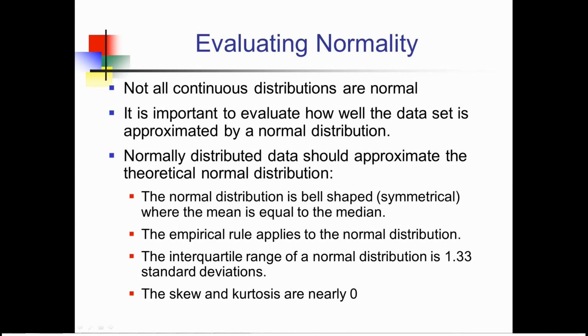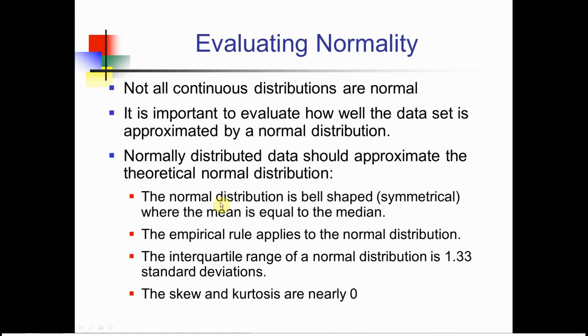That means you can observe it. Remember that the normal distribution looks bell-shaped. It's symmetrical, where the mean is equal to the median, and you look at the empirical rules, that certain percentages of the data are within certain numbers of standard deviations. There are other things, like the skew and kurtosis being nearly zero. These are the things we would look at in our data.